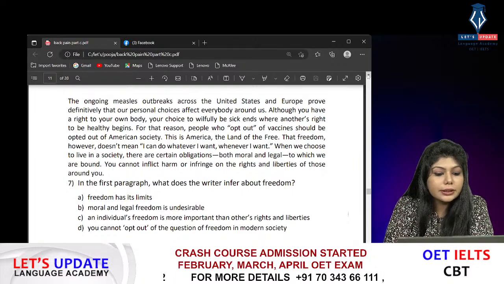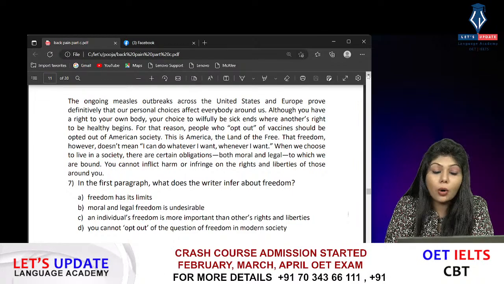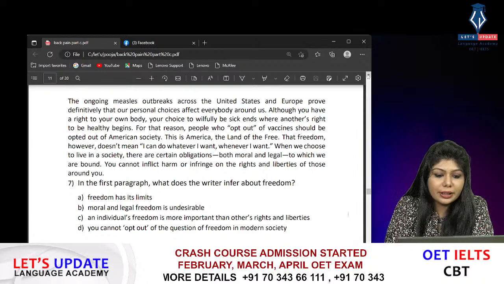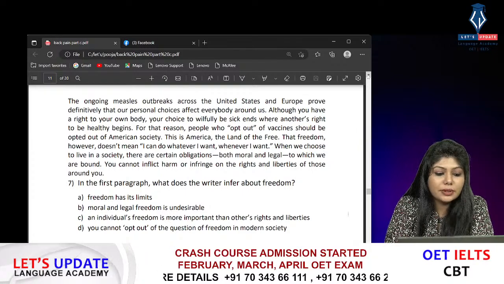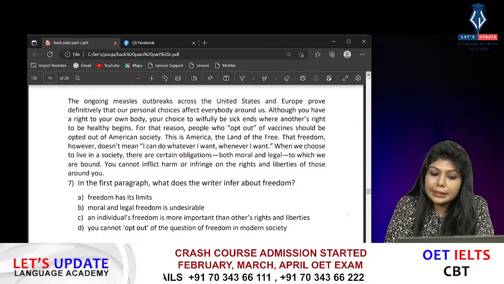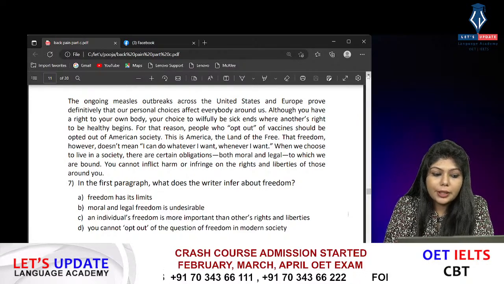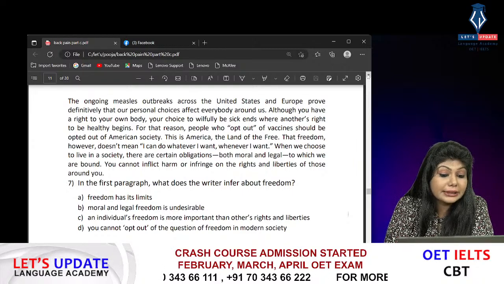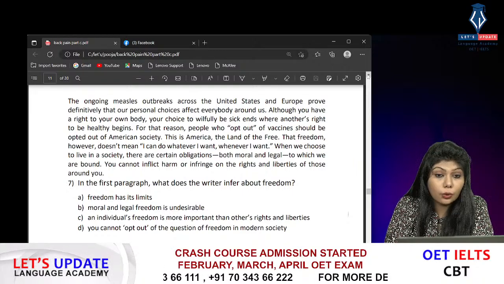This is America, the land of the free. That freedom, however, doesn't mean I can do whatever I want, whenever I want. When we choose to live in a society, there are certain obligations, both moral and legal, to which we are bound. You cannot inflict harm or infringe on the rights and liberties of those around you.